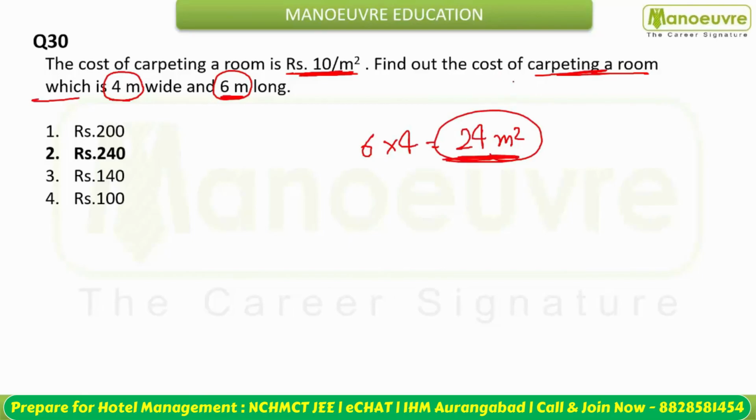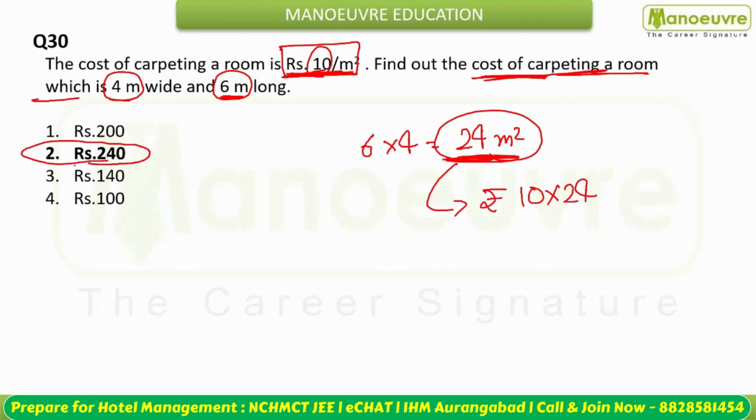And you have to find out the cost of carpeting. The rate charged is 10 rupees per meter square. For 1 meter square you will be charged 10 rupees. For 24 meter square, the charge is 10 into 24, 240 rupees, which is your right answer. I hope this is clear to everyone.